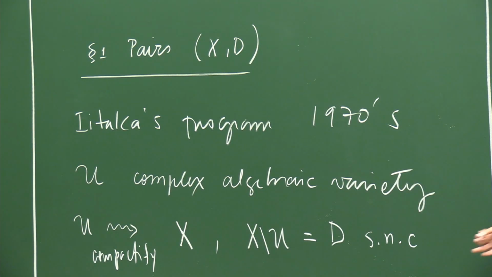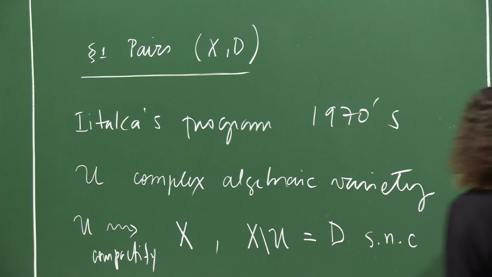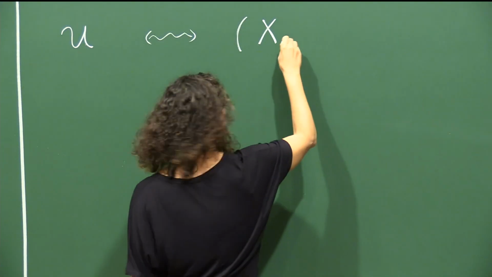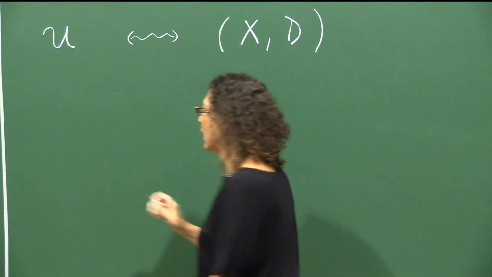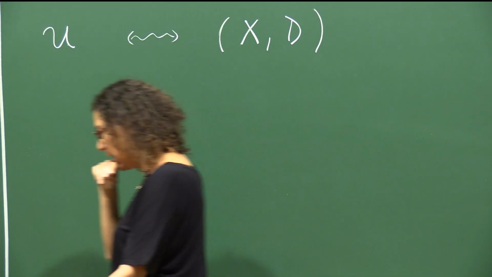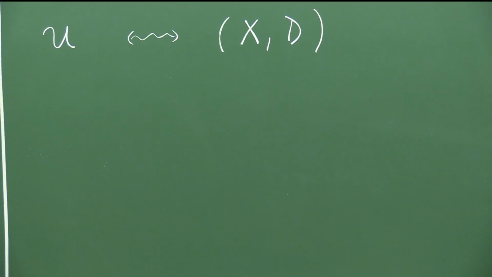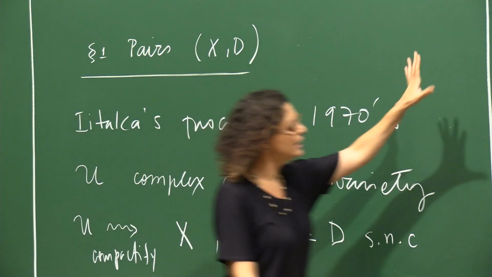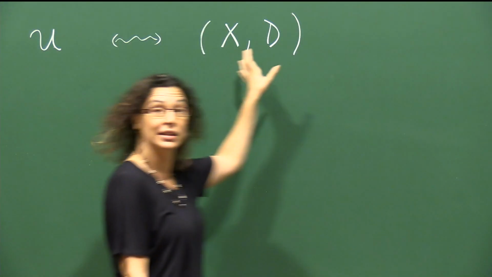And then the idea of Iitaka is that instead of studying U, we study the pair (X, D), X a smooth projective variety and D a simple normal crossing divisor. So I think Iitaka calls this a compactification with smooth boundary for U. And so the idea is that in order to study U, we study this pair.